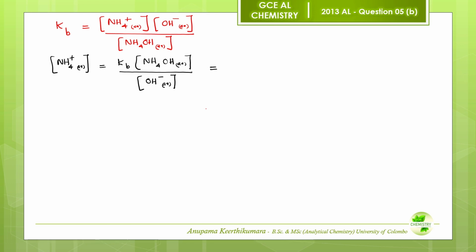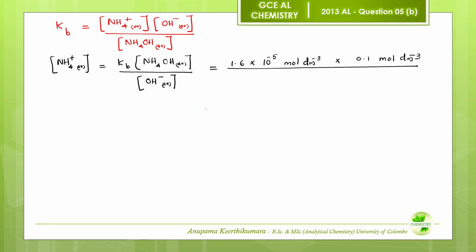Substitute values. Kb equals 1.6 times 10 to the negative 5 moles per cubic decimeter, times ammonium hydroxide concentration 0.1 moles per cubic decimeter.